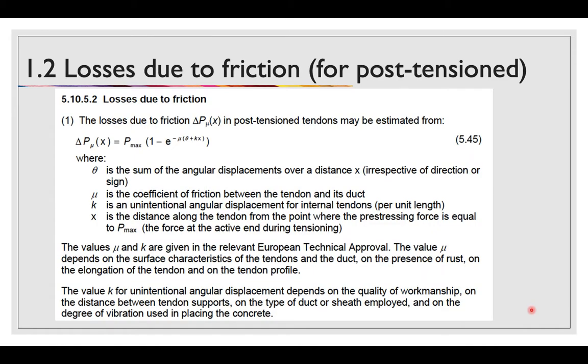We can see here the clause given by the Eurocode for the losses due to friction. We have this equation, and we can see that we are considering this coefficient of friction, which is the coefficient of friction between the tendon and its duct. We also consider the sum of angular displacements over a distance x.